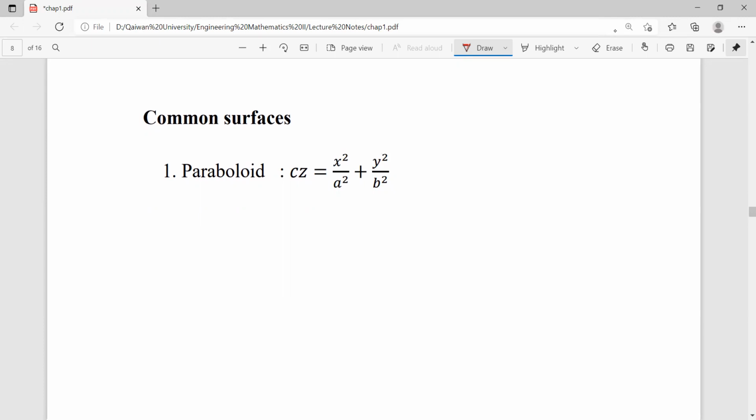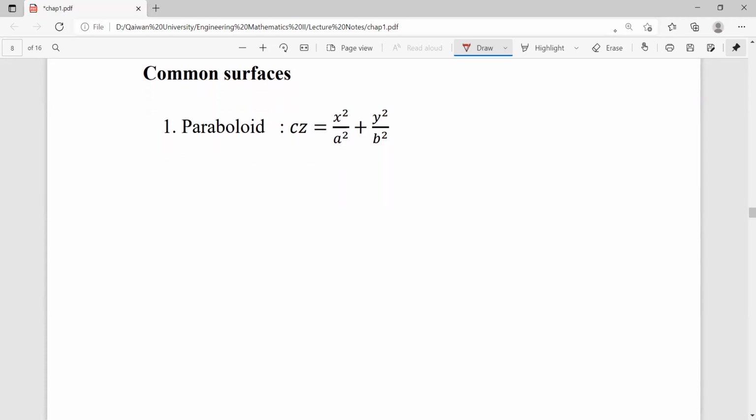Generally these are given, but during the exams, a, b, and c may be numbers. Then to sketch the graph, I'm going to sketch the graph generally, and then change them to numbers.